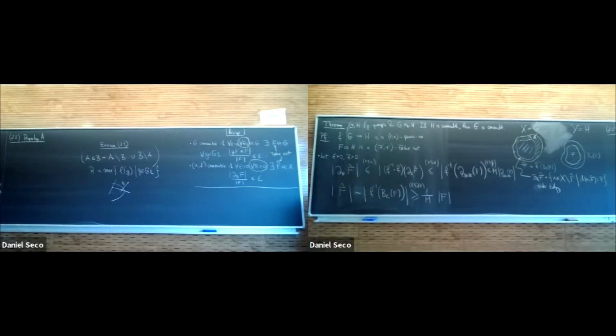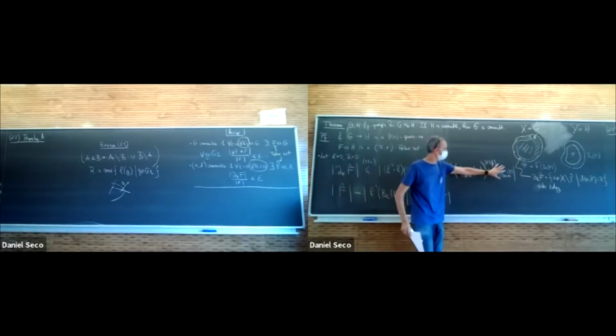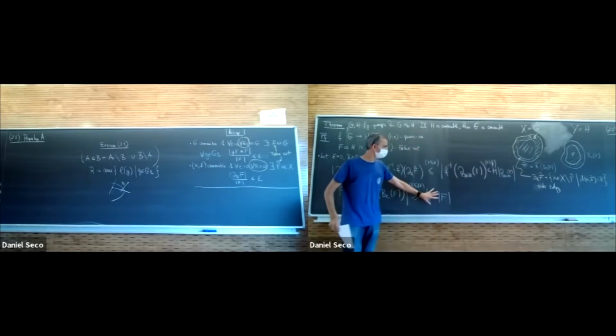Okay? And then we are through, because the isoperimetric relation is this divided by that, and I have the right directions of the estimates. So essentially it's smaller or equal than that divided by that.